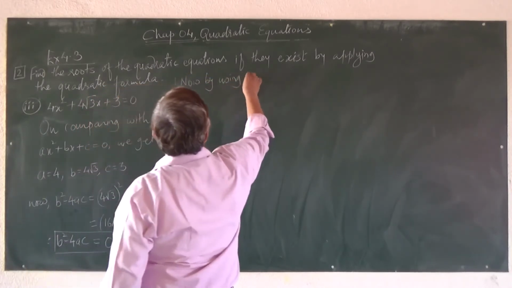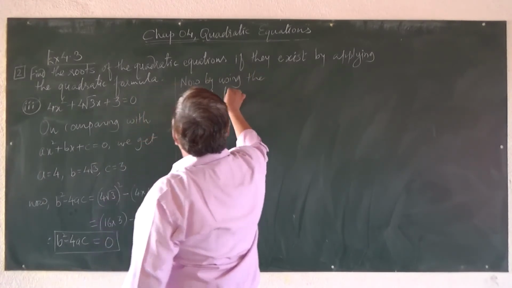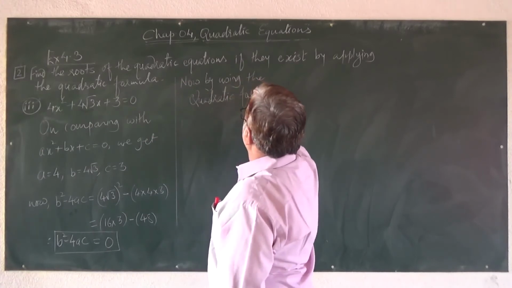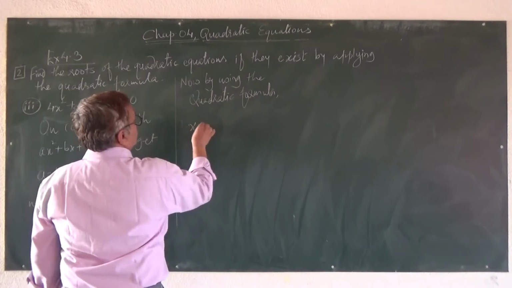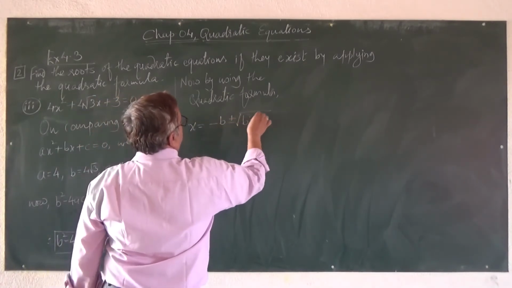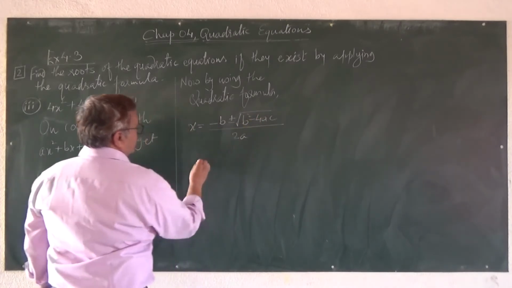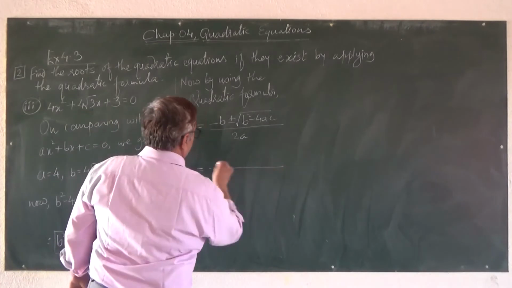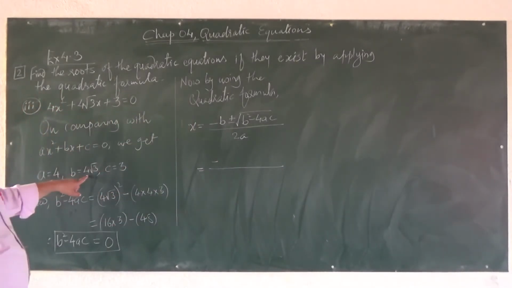By using quadratic formula, x is equal to minus b plus or minus under root b square minus 4ac upon 2a. Okay, so minus formula में minus b है, b की वैल्यू है 4 root 3.